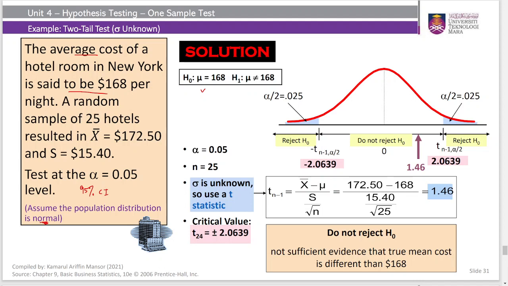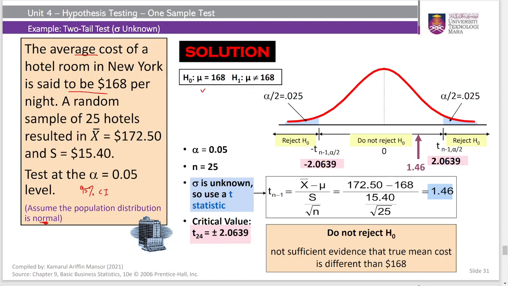It does not say it is said to be higher than 168. If it said higher than 168, then it would be a one-tail test because there is a direction, meaning above 168. But in this situation, there is no direction. It's said to be either equal to 168 or not equal to 168.